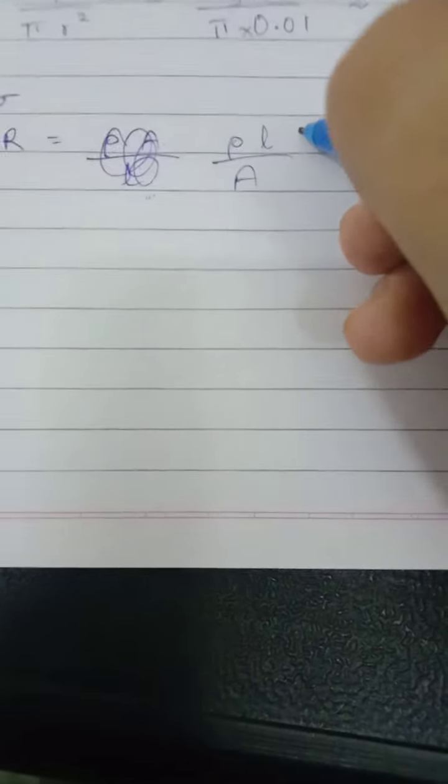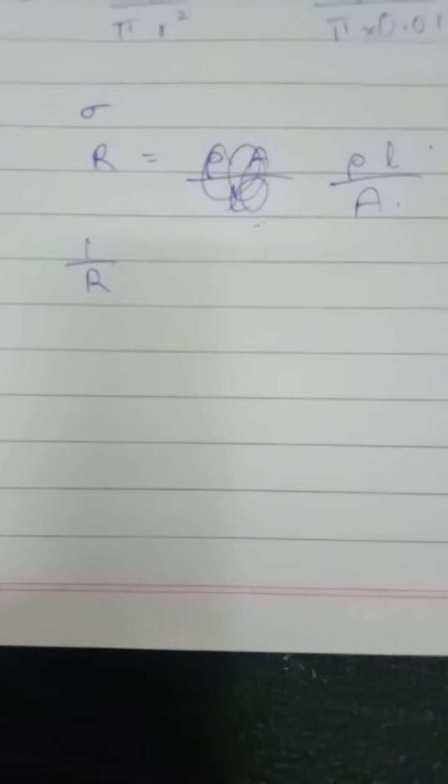So the resistance of a wire is proportional to the length of the wire and inversely proportional to the cross-sectional area of the wire. Now we know conductance is the inverse of resistance, 1 by R. We can write 1 by R as A upon rho L, which is 1 by rho times A by L, which we can write as sigma A by L, where sigma is the conductivity of the medium.